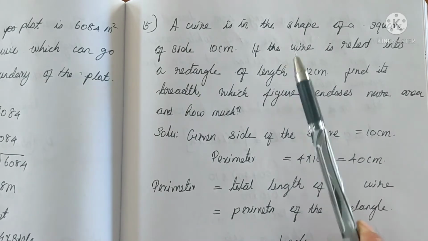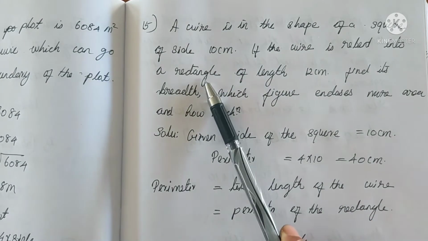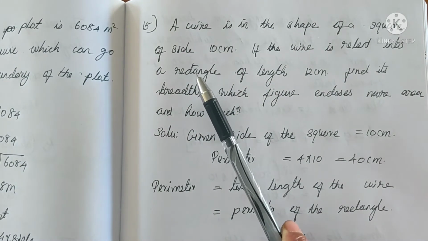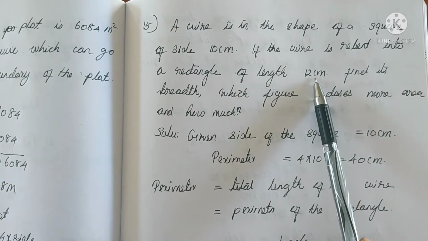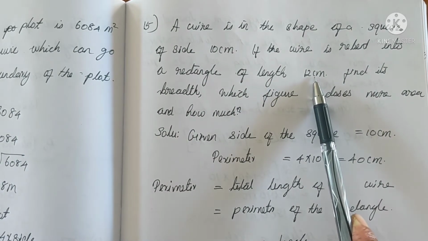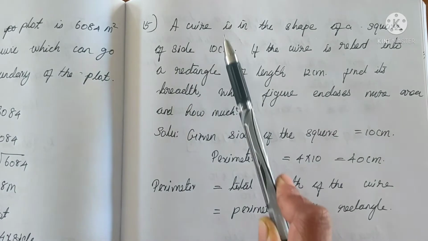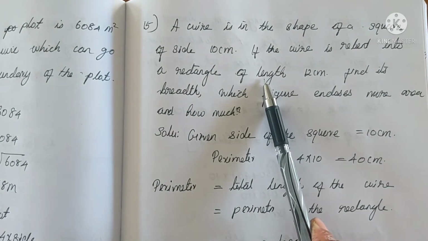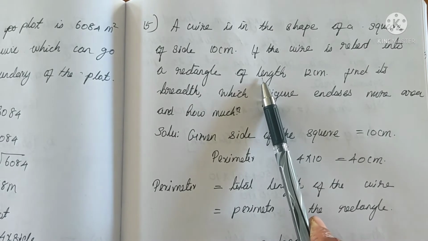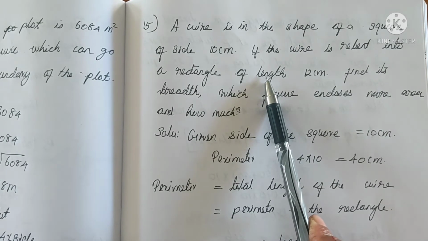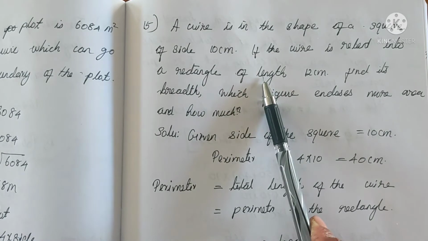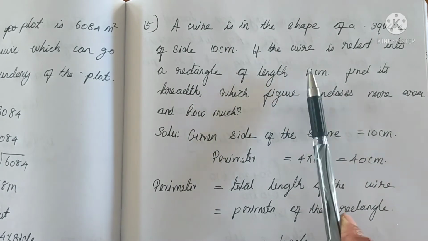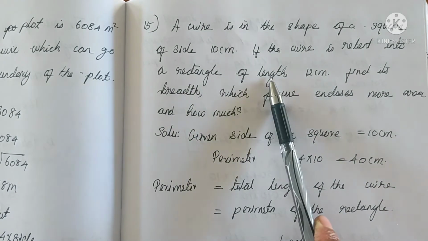And that wire is bent again and made into a rectangle. For that rectangle, the length is equal to 12 centimeter. One thing is clear that for this square and this rectangle, the total length of the wire used is the same, which means the perimeters of both these figures are the same.